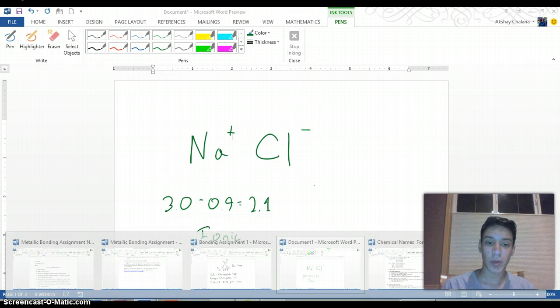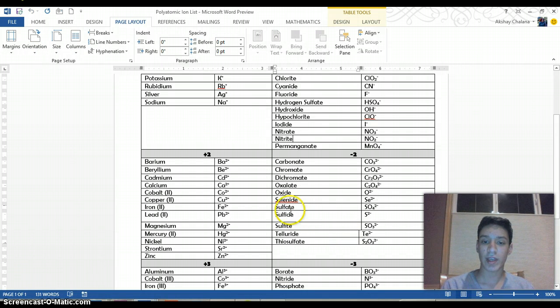So let us now look at polyatomic ions. We're going to look at sulfate, which is SO4 with a negative 2 charge. Polyatomic ions are simply molecules that have a charge, thus to form a complete molecule they need to be bonded with other atoms.